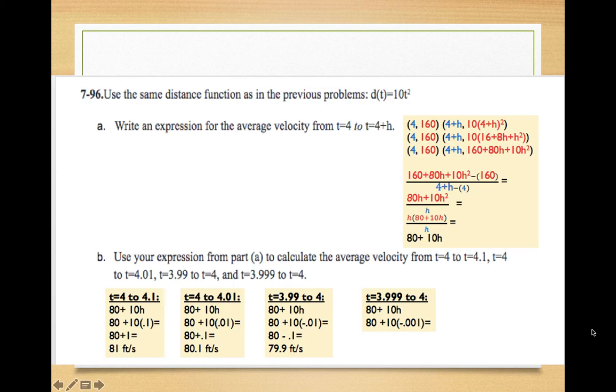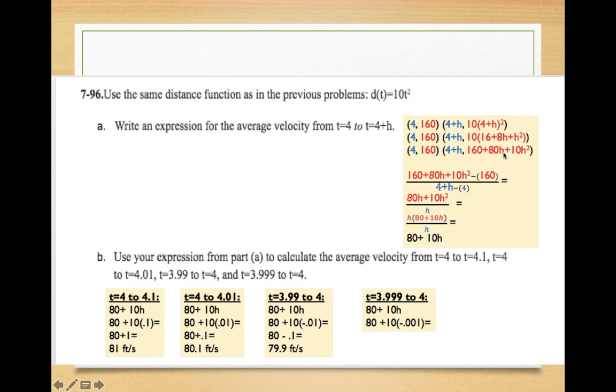And by the way, this is a reminder of what we're doing when we're manipulating h. In this problem, we had our distance formula, and we created our 2 points: when t equals 4 seconds and t equals 4 plus h seconds. This was from a previous video.